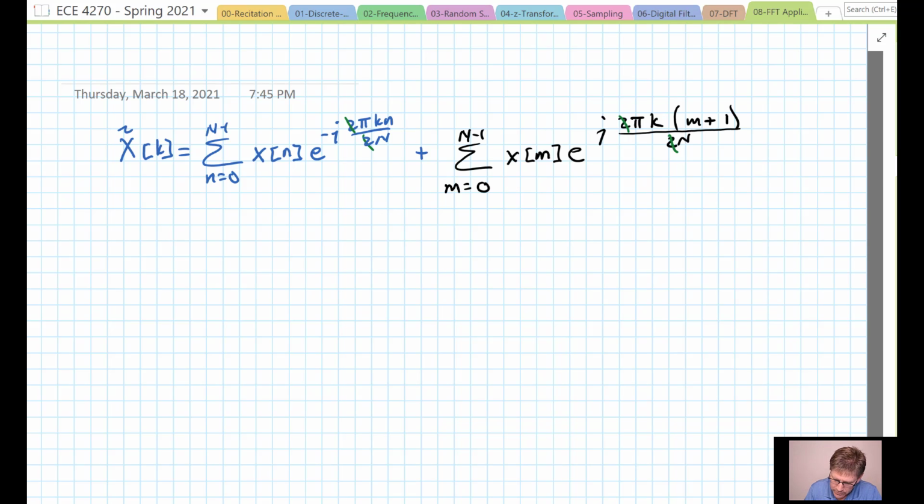Finally, we can combine these two equations into a single sum and go back to our index n.